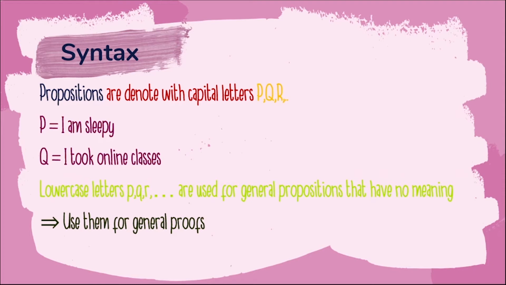Propositions or statements are going to be denoted with capital letters like P, Q, R. For instance, P is I am sleepy and Q is I took online classes. Lowercase letters p, q, and r are just general propositions that don't have any specific meaning, and we'll be using these for proofs. So, capital letters will have an English translation, while lowercase letters will not.